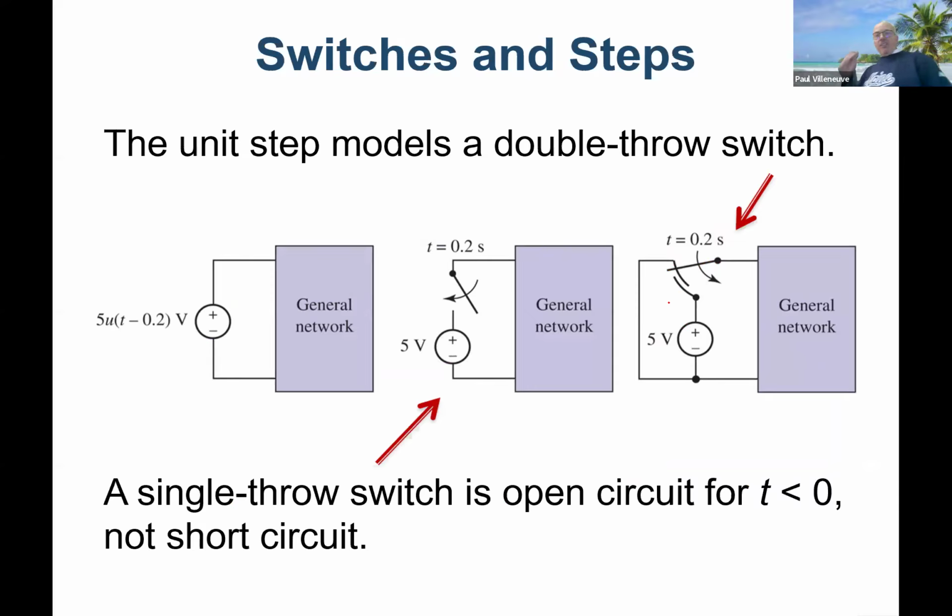So here is a way to represent it. You can see the image on the left, which shows what the unit step would be with a slight delay. It shows that it's a 5-volt source, and it's delayed by 0.2 seconds. If we wanted to represent that with a switch, you can see that our switch is open until we get to 0.2 seconds, and then the switch closes.